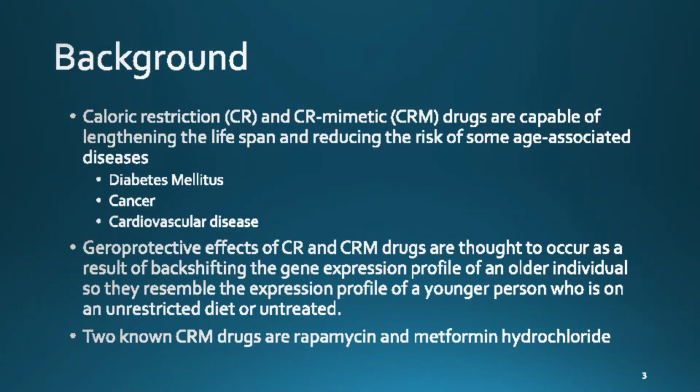So caloric restriction and drugs that mimic caloric restriction are capable of lengthening the lifespan and reducing the risk of some age-associated diseases. They've been studied in diabetes, cancer, cardiovascular disease, and the neuroprotective effects of caloric restriction and caloric restriction mimetic drugs are thought to occur as a result of back-shifting gene expression profiles of an older individual, so they resemble that of a younger person who is either not on a restricted diet or not taking these medications.